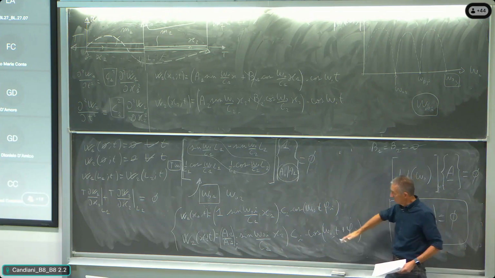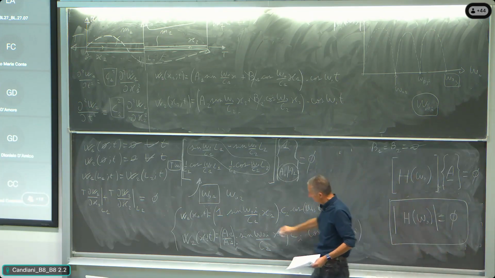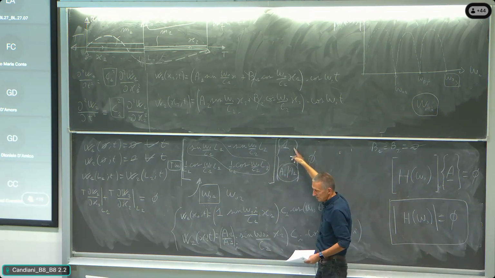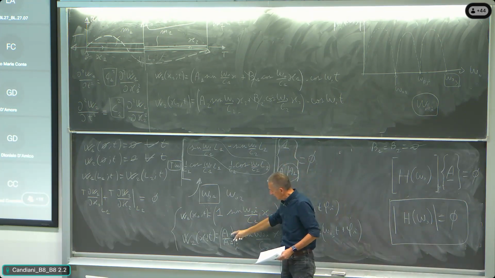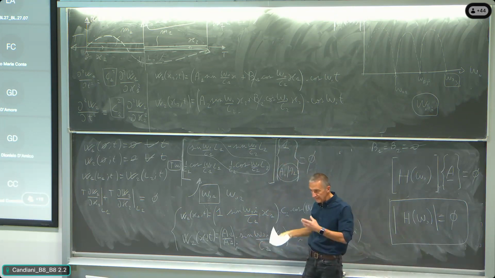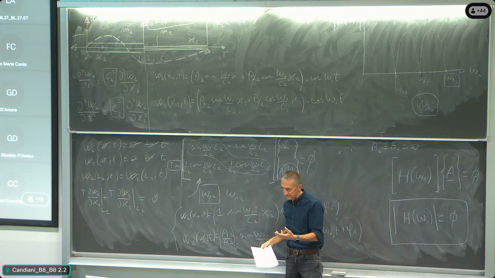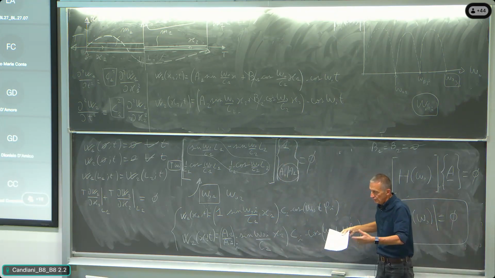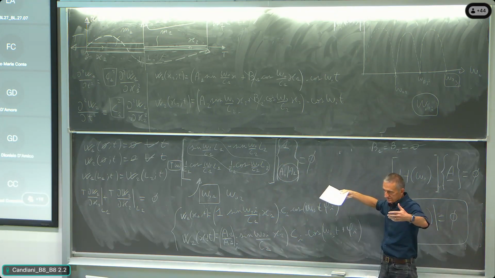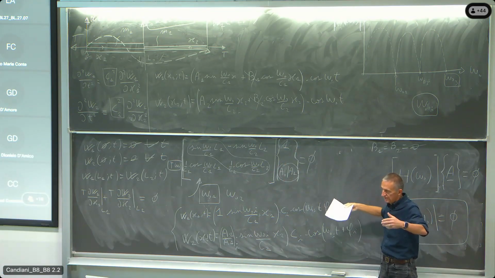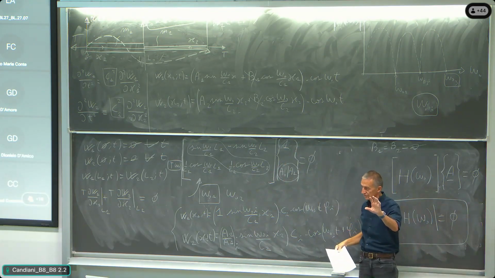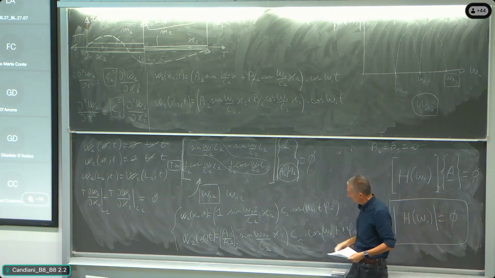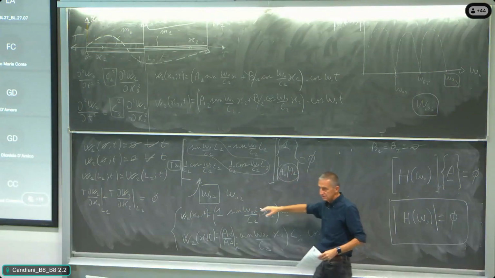For the second domain, we wrote 1 here, because we wrote A1 equal to 1. And for the second, we are writing the relative amplitude of the second with respect to the first. So we do not know which is the actual amplitude. We have the generic amplitude of the free motion, and then the specific value of the free motion will be given by the initial condition. We will find out which is the scale of the problem.